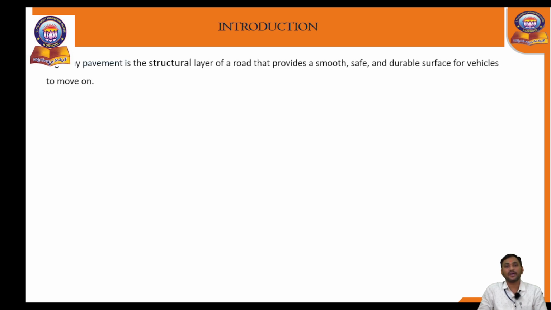The highway pavement is the structural layer of a road, which provides a smooth, safe and durable surface for the vehicles. The purpose of constructing a road is to give transportation facility for any type of vehicle, whether it is a two-wheeler, three-wheeler or four-wheeler.